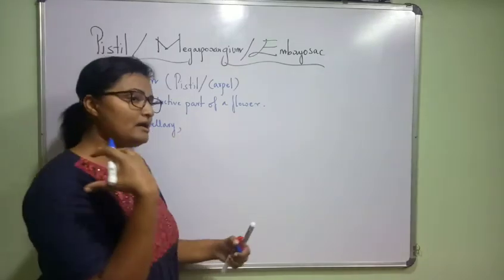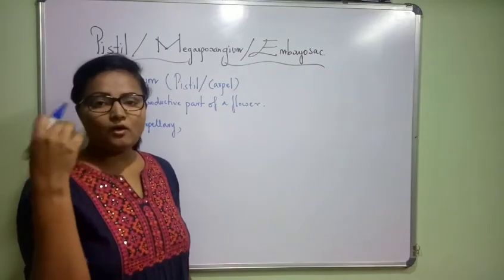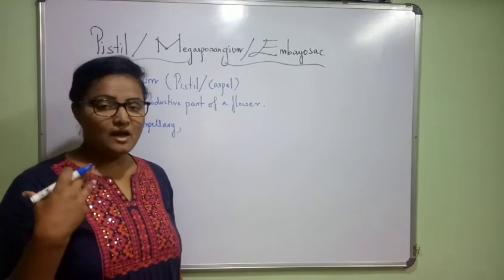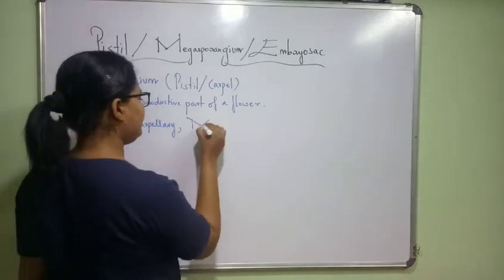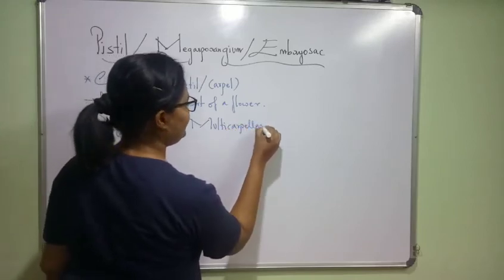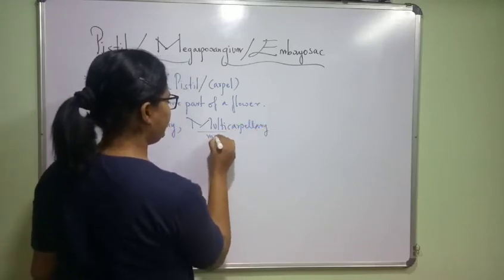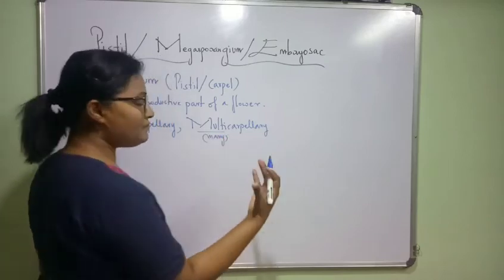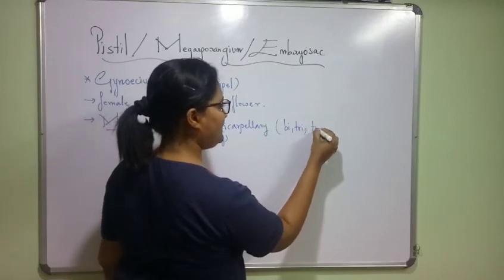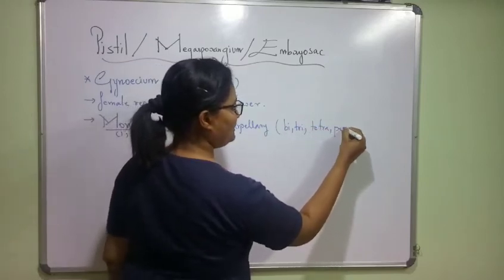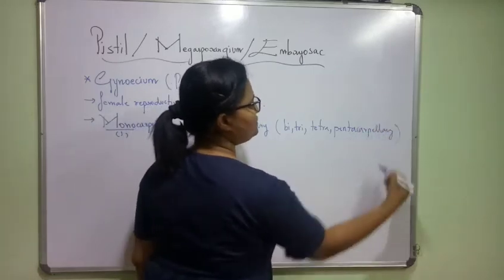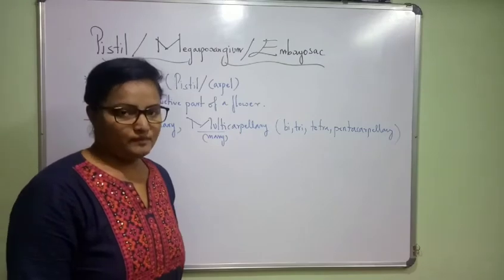And if there are many carpels, two or more, such a pistil condition we call multicarpellary. So that is many. Multicarpellary may be bicarpellary, tricarpellary, tetracarpellary or pentacarpellary. Okay, two or more pistils.